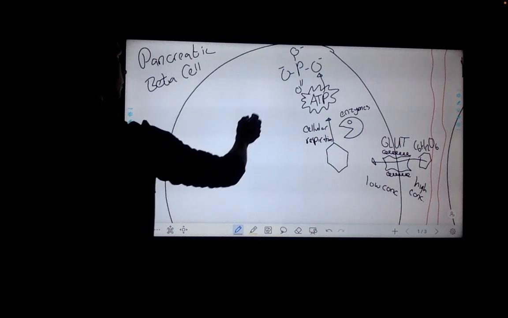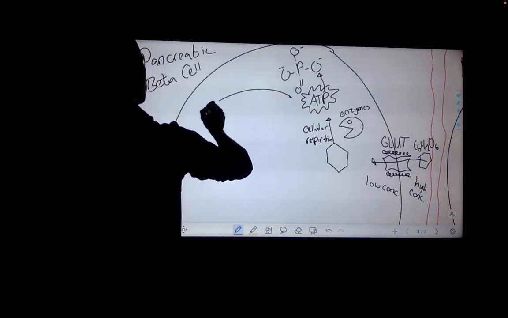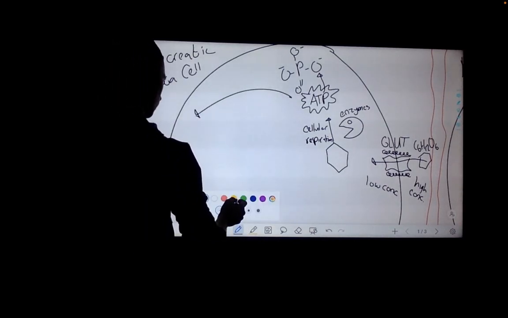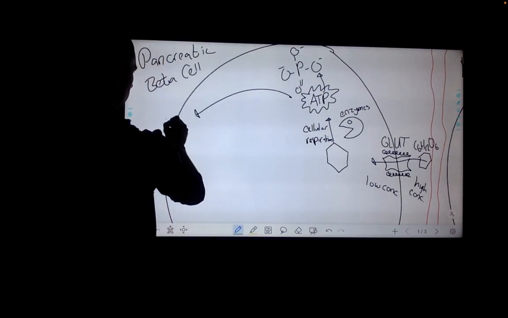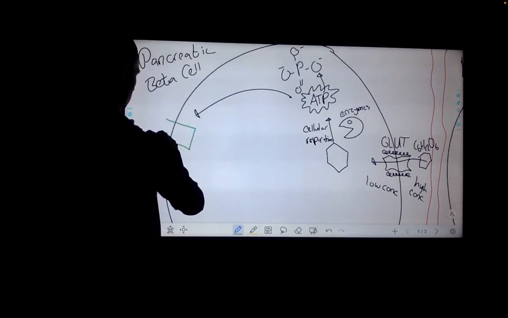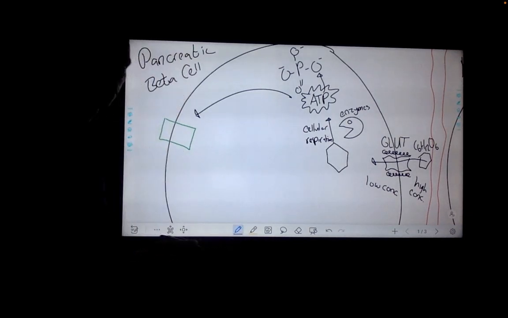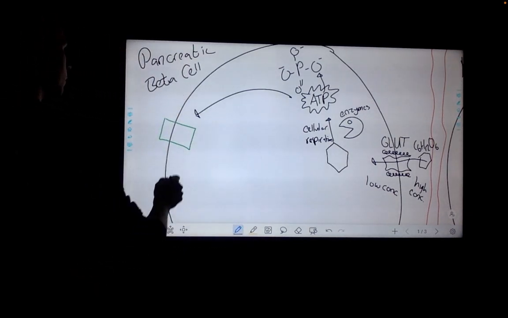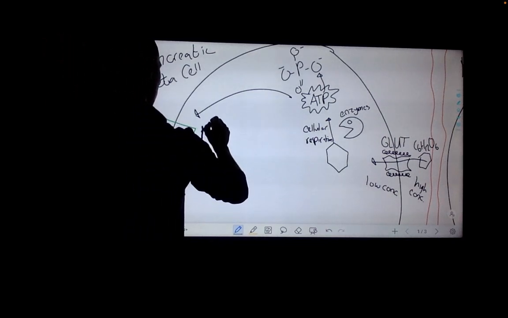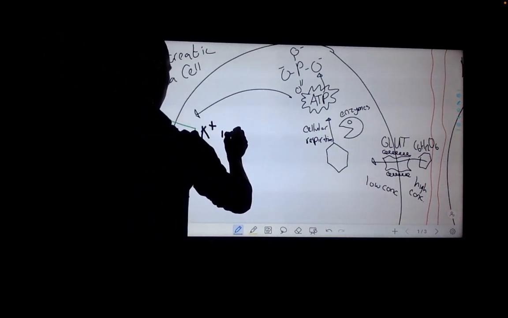So we get glucose into the cell, do cellular respiration, and then we're going to use those phosphates to do some work. And the work that we're going to be doing is binding those phosphoruses to another transport protein.